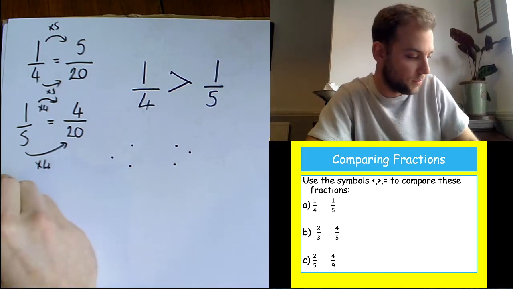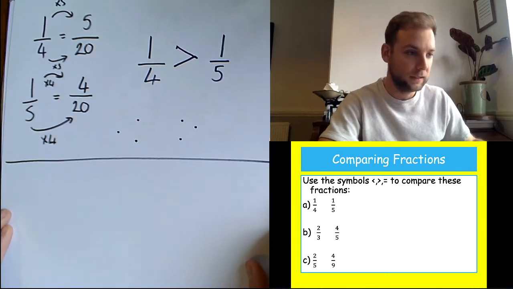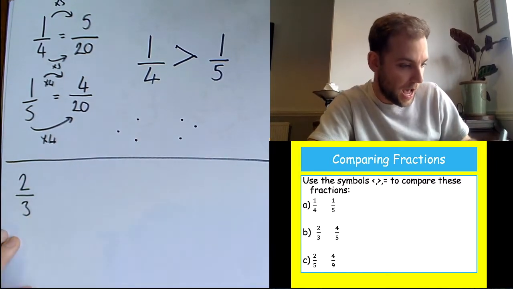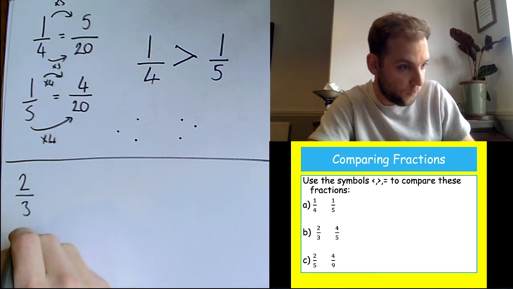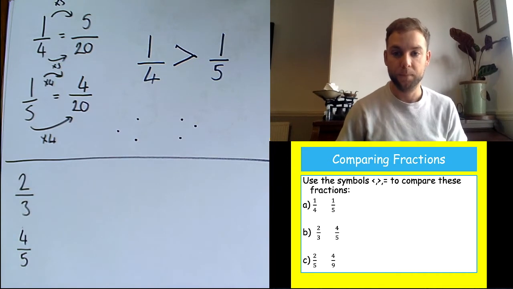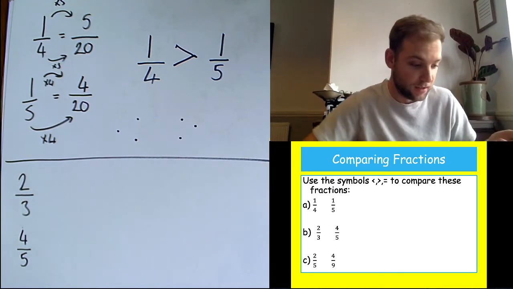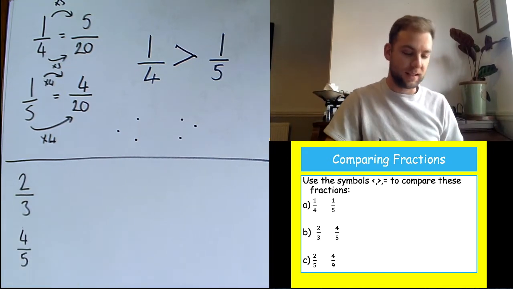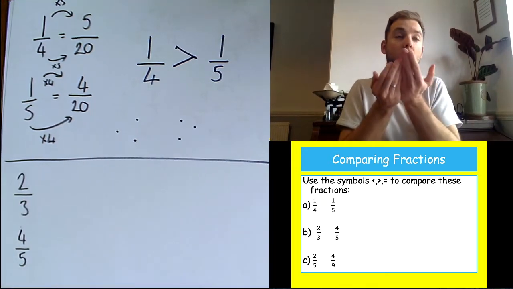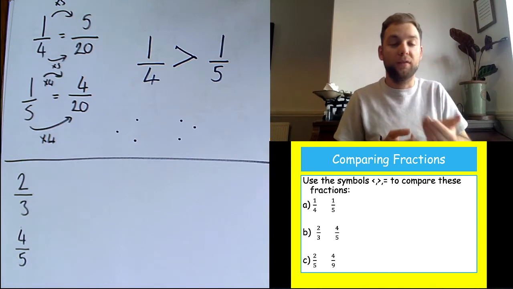Let's have a go at the next one then. That was part A. So here I've got 2 over 3, and I've got 4 over 5. So which one of these is bigger, or smaller, or equal, actually? So we want to make the denominator the same. So what number do 3 and 5 both go into?